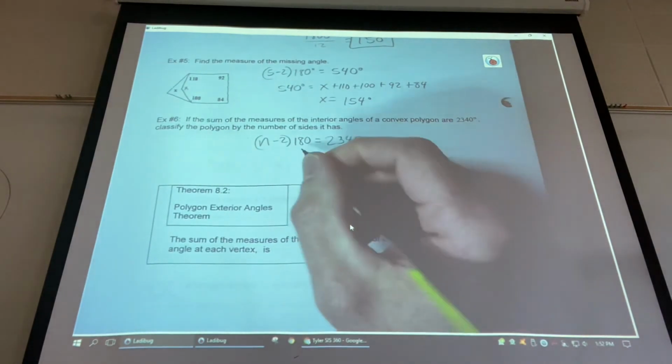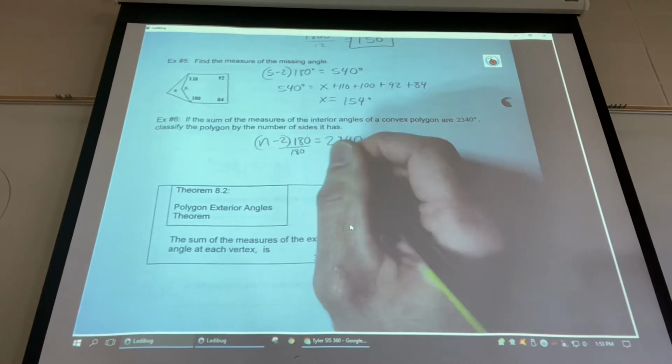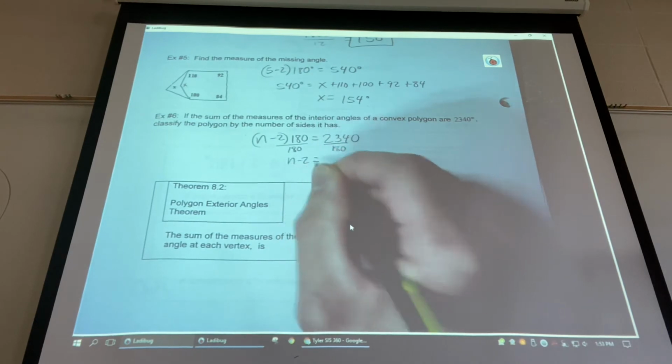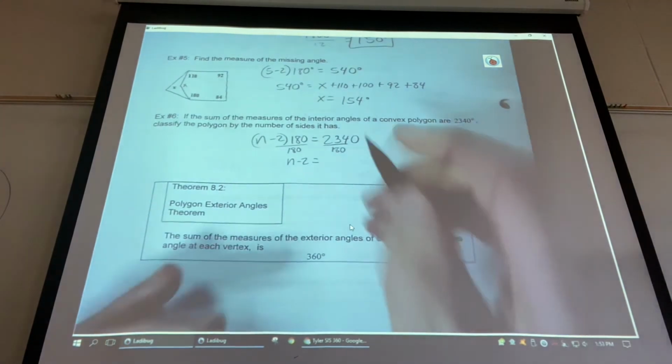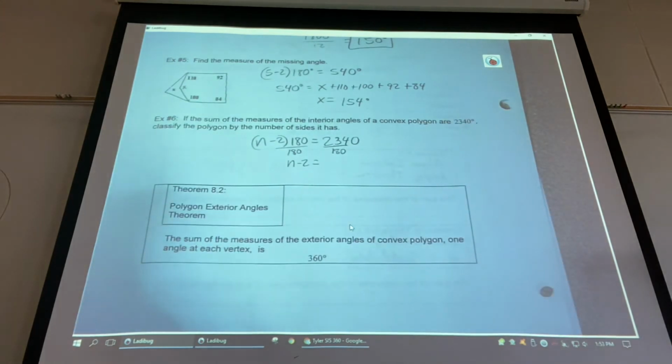So I would suggest dividing by 180. I suppose you could distribute it, but that seems like extra work. What do you get when you divide it? 13. Yeah, it's 13.